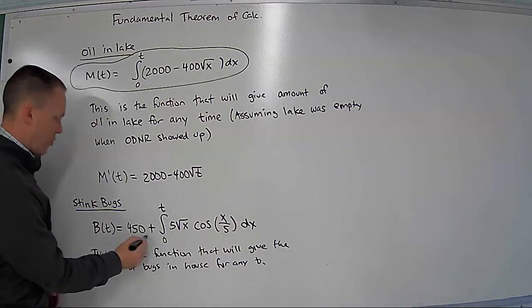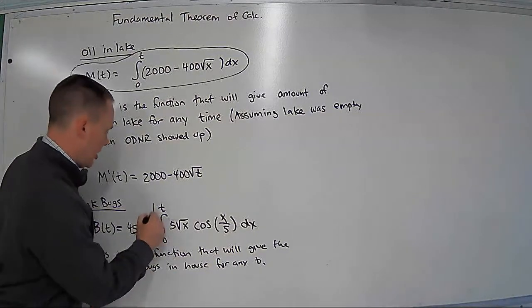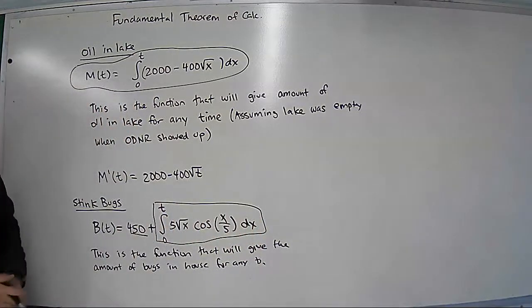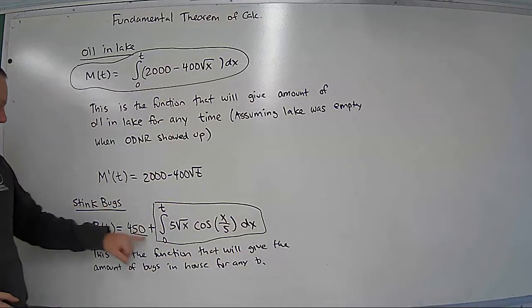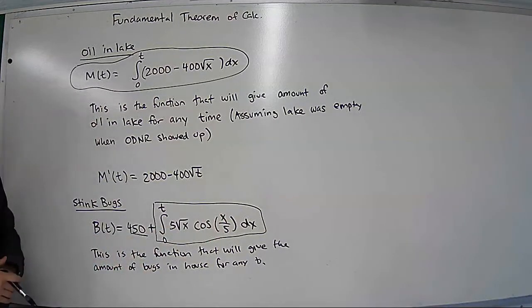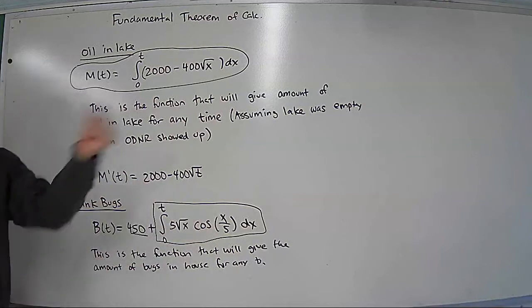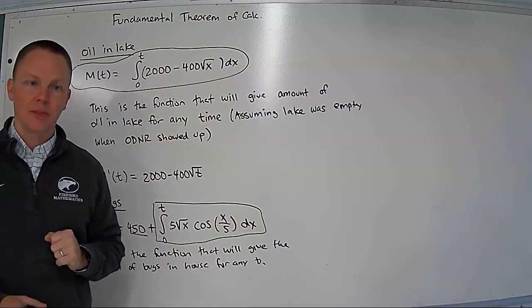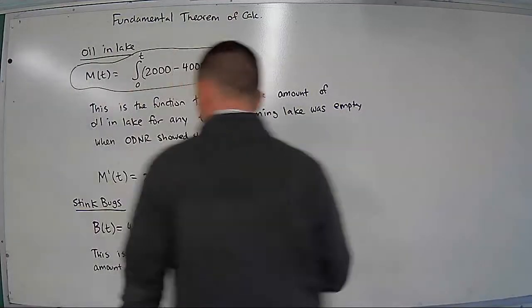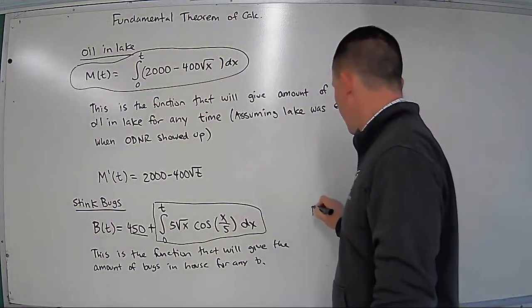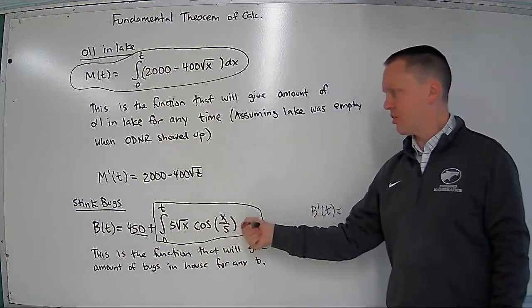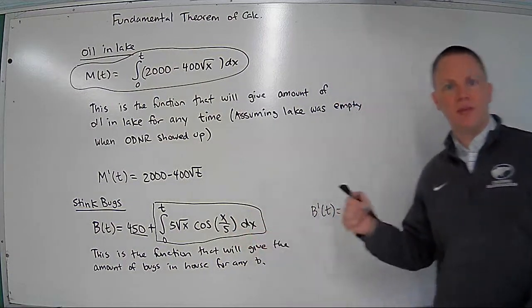We started with 450, and then this quantity right there is how many bugs you added or subtracted from 450. So you put those two together, and that'll tell you how many bugs there are at time t. But now, what I'm interested in is what's the derivative of this function right here, this b of t. What's the derivative of it?